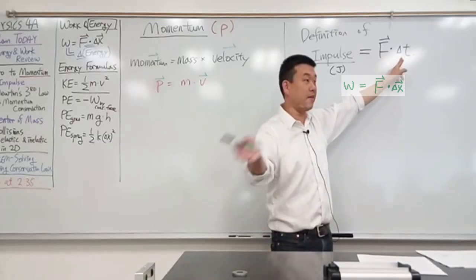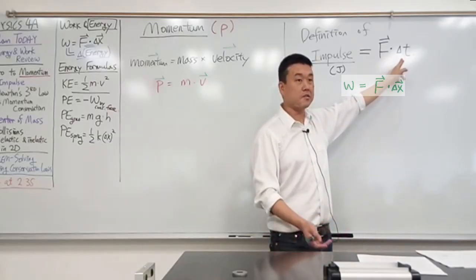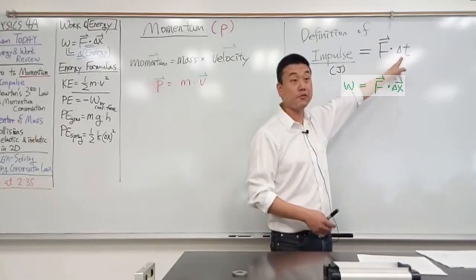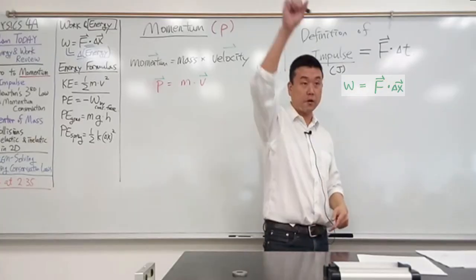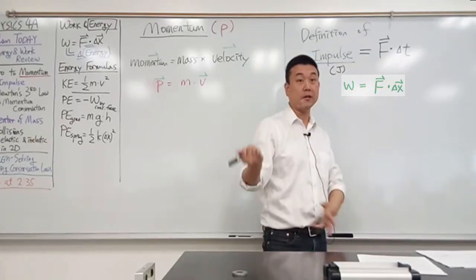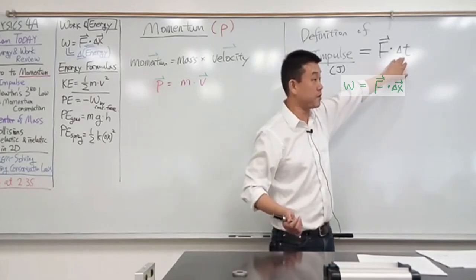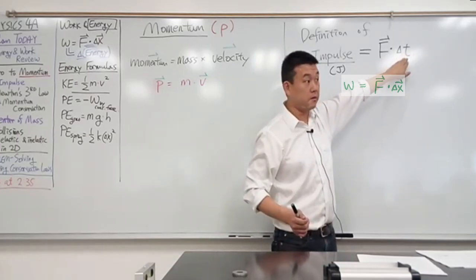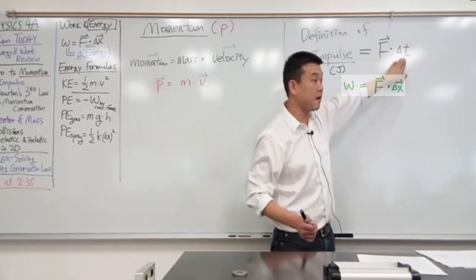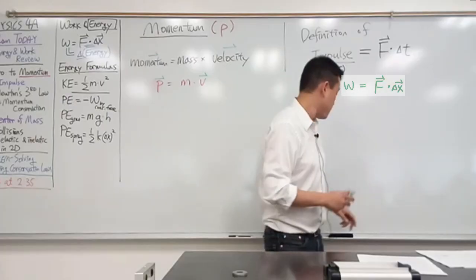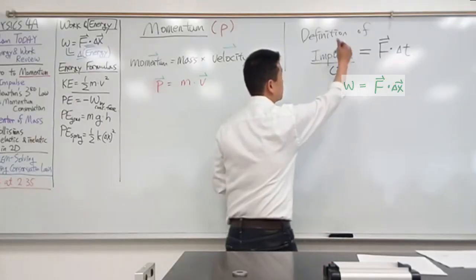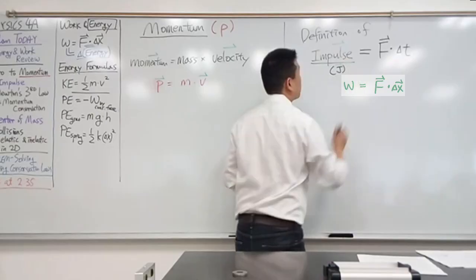No, you could have positive and negative intervals, but time doesn't have direction, like upward or downward or left or rightward. So time is a scalar. Vector times scalar is just going to give you a vector. So impulse is a vector quantity.